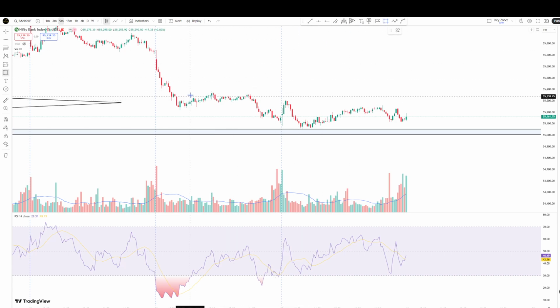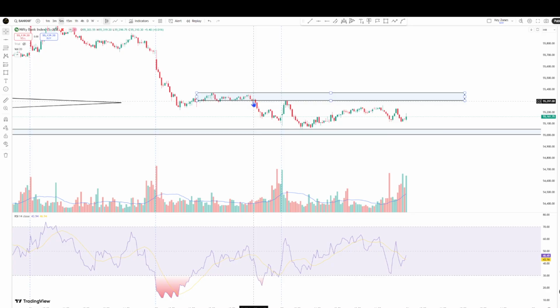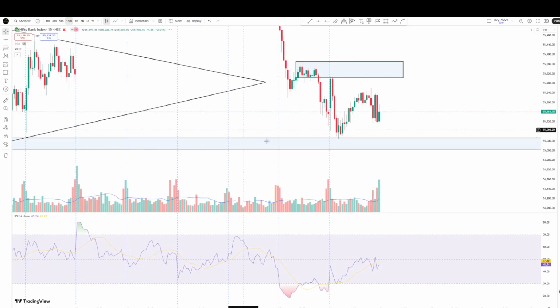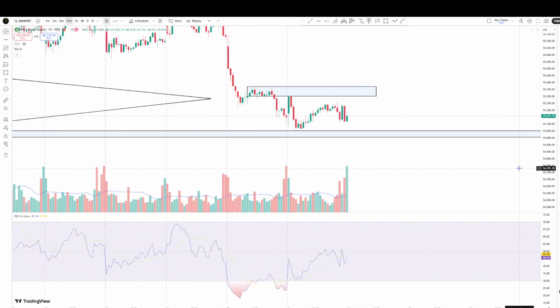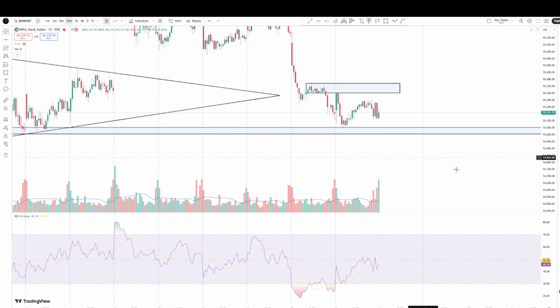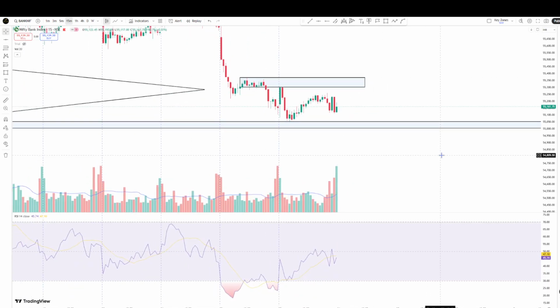This is a very long consolidation, almost 11:35 to 2:05. Long consolidation. If we move into the 15-minute time frame, not looking good.